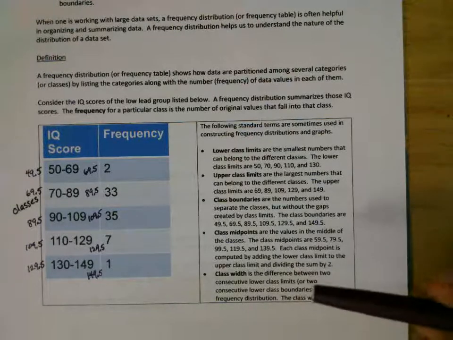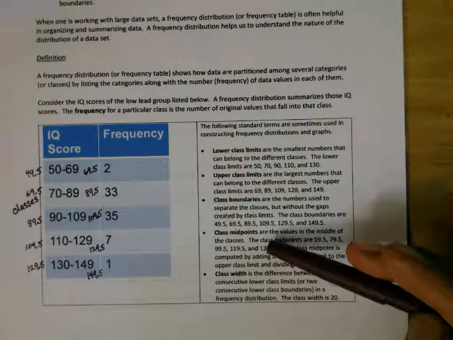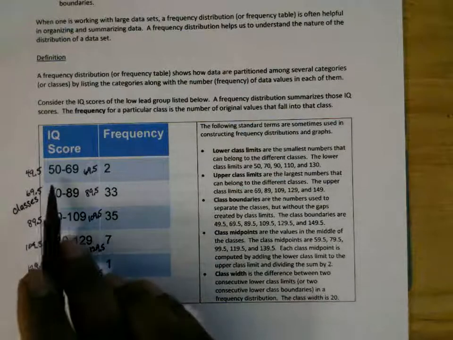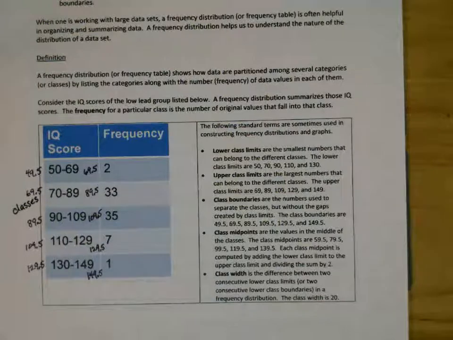And also in a frequency distribution, we can also use what are called class midpoints. Now, the class midpoints are going to be the values in the middle of the classes. So in this case, to find the class midpoints, you just take the sum of your lower class limit and the upper class limit and divide by 2.